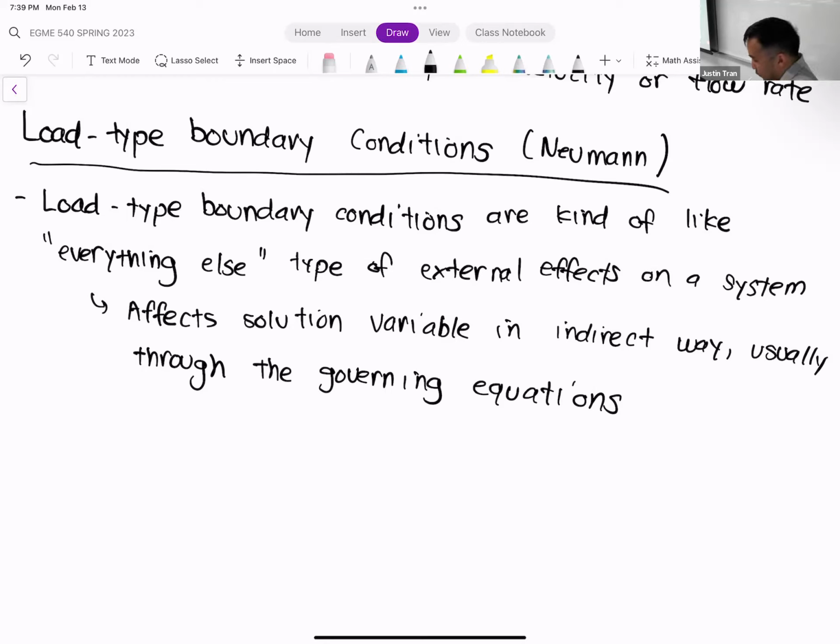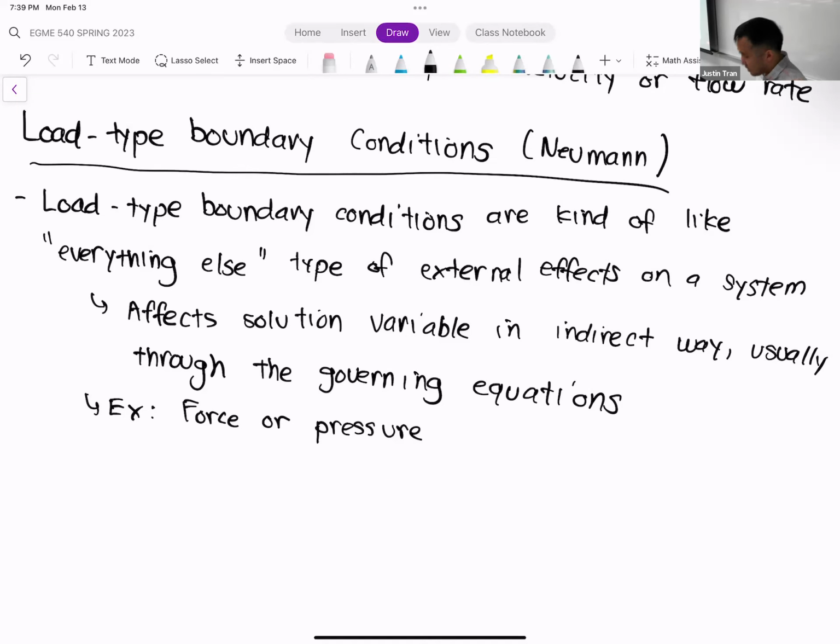For example, in our activities so far, our load type boundary conditions have been a force or a pressure. You apply force onto a system that's fixed in space, of course it's going to affect the deformation of the system.